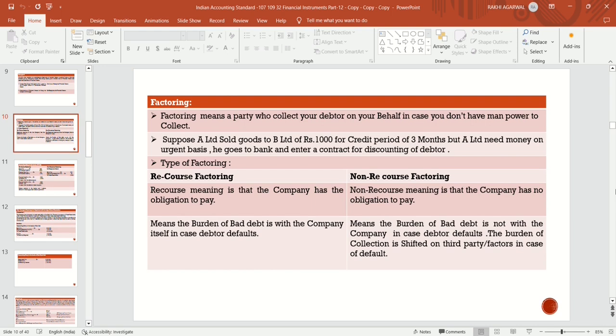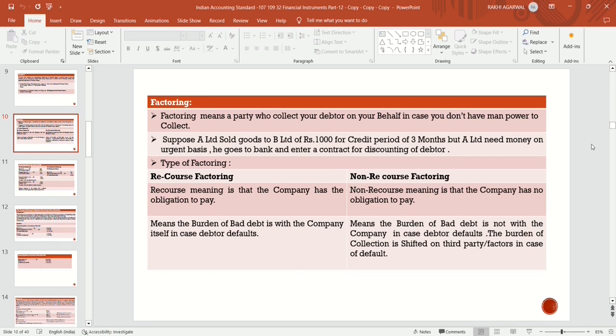In recourse factoring, the burden of bad debt is within the company itself in case debtors default. In non-recourse factoring, the burden of bad debt is not on the company in case the debtors default. The burden of collection is shifted to the third party or factor in case of default.